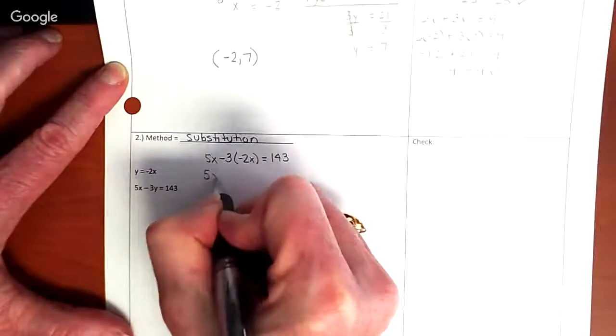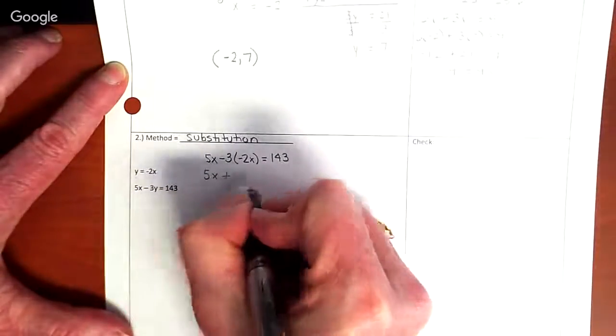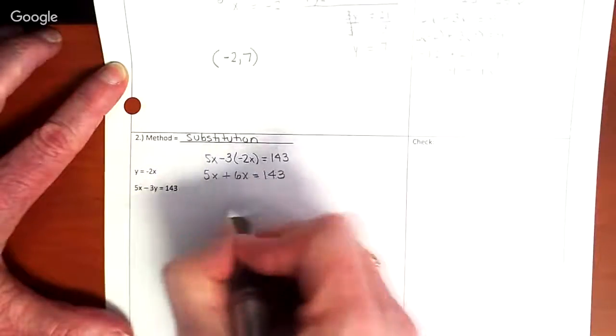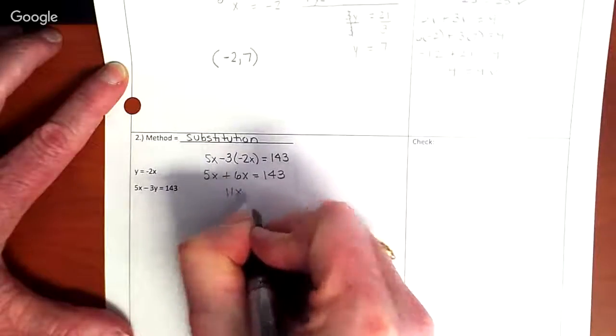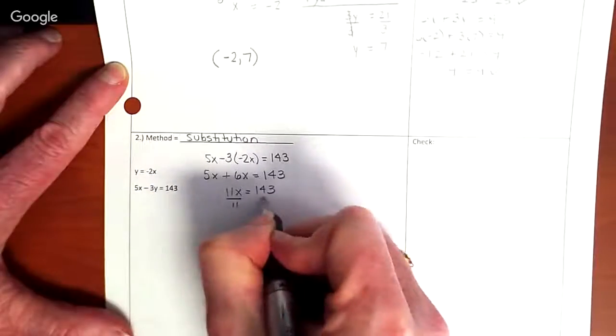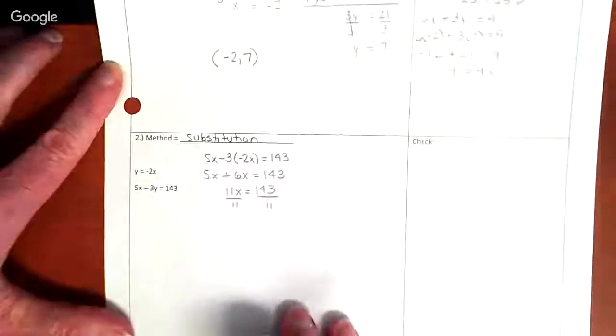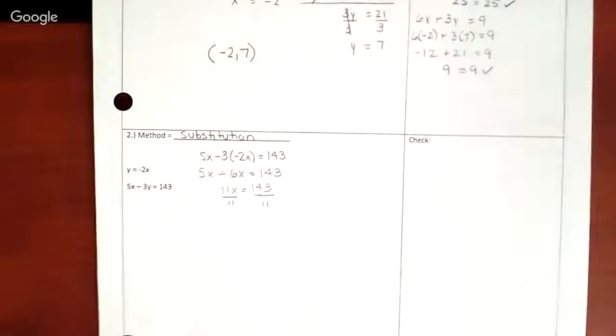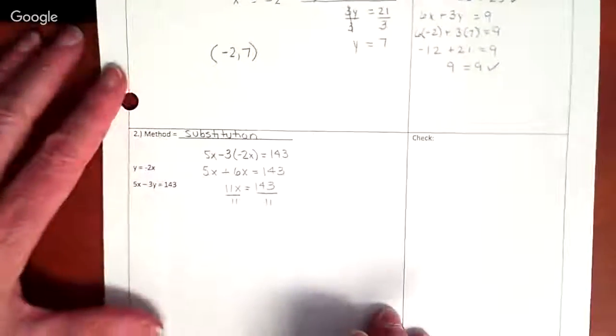So now I have 5x plus 6x equals 143. Now I have 11x equals 143. So dividing both sides by 11, I am going to do that using my calculator. 13.